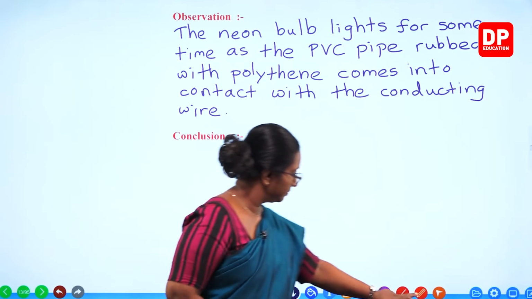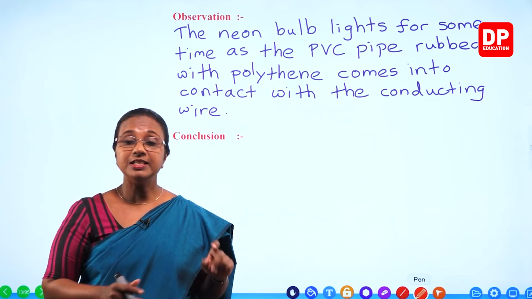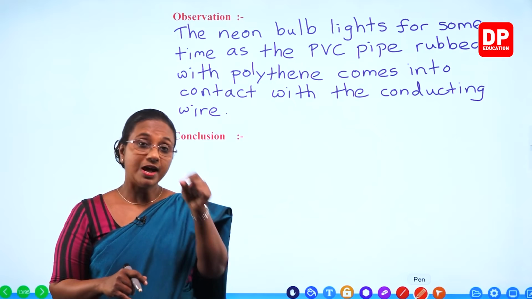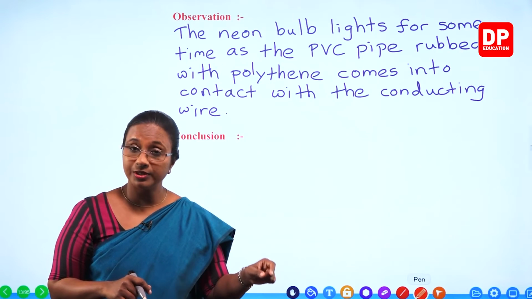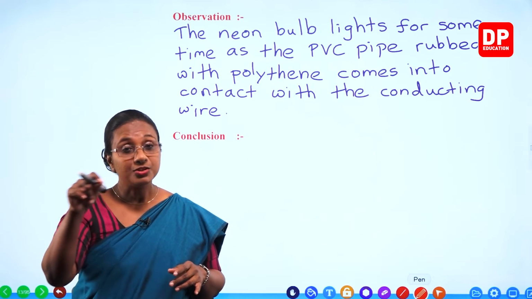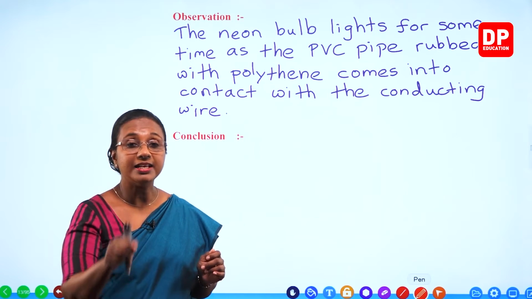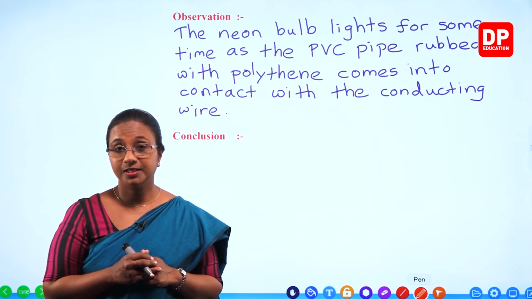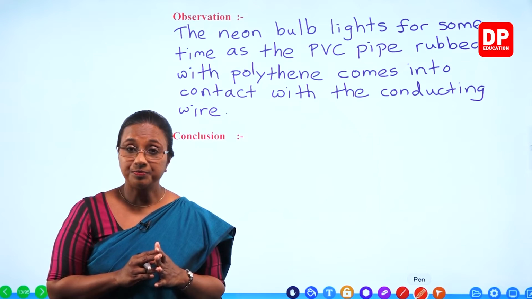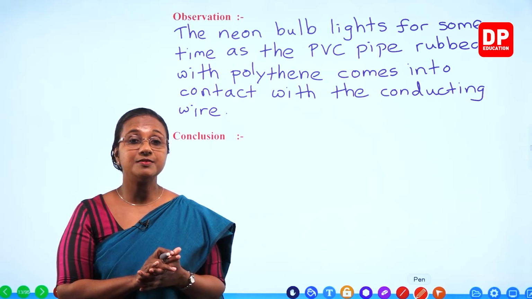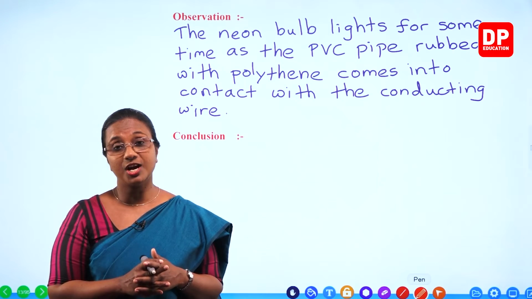Now you can remember the activity. We have the connection, one end of the bulb, one terminal of the bulb is connected to a conductor that was connected to the earth. To the other end only, I touched the PVC pipe that was rubbed with polythene. So what happens there? When you rub the PVC pipe, there are charges formed on the surface, that is a static electric charge.